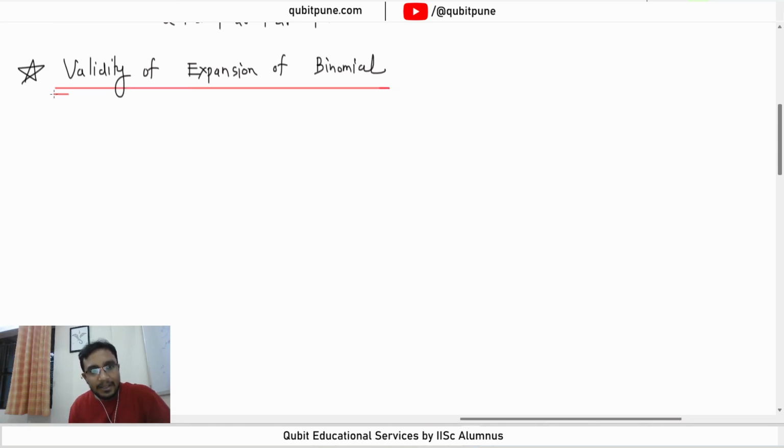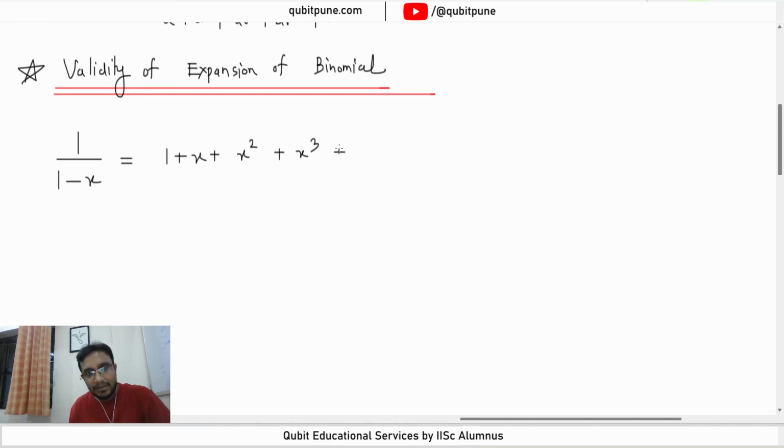Okay, take the instance of this. Suppose I say that 1 upon 1 minus x is 1 plus x squared plus x cubed plus x raised to 4 and so on.